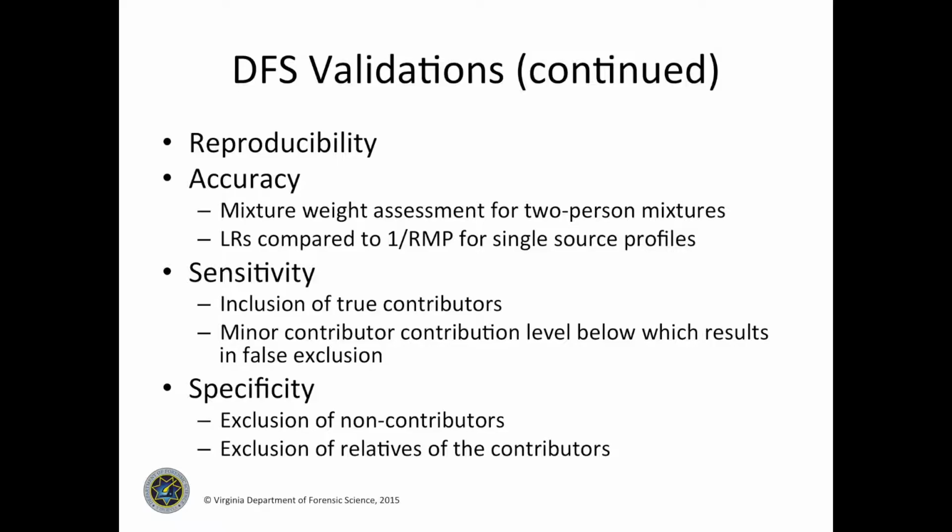While that rate was under 10% of the total mixture weight, we found that with our protocols, an examiner would have issued an inconclusive result. Our specificity studies demonstrated that TrueAllele was effective in eliminating non-contributors and contrived first-degree relatives of true contributors.